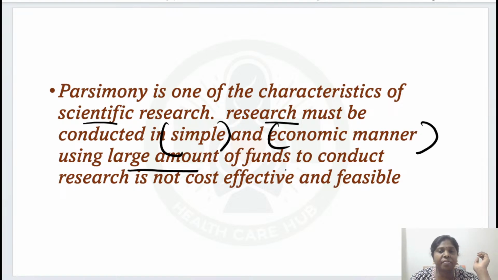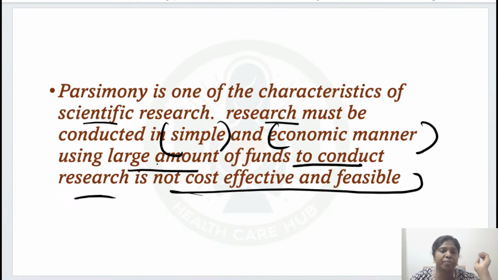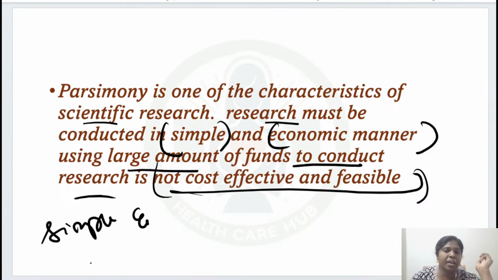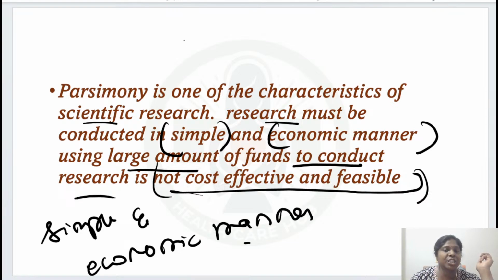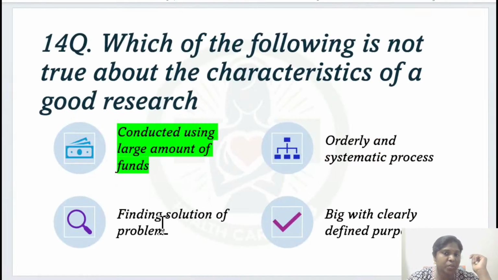Using large amount of funds to conduct the research is not cost effective and not feasible. Understood? So whenever we are conducting any research, it should be simple and in an economic manner. Collecting large funds is not acceptable. So conducting using large amount of funds is the correct answer. Next question.